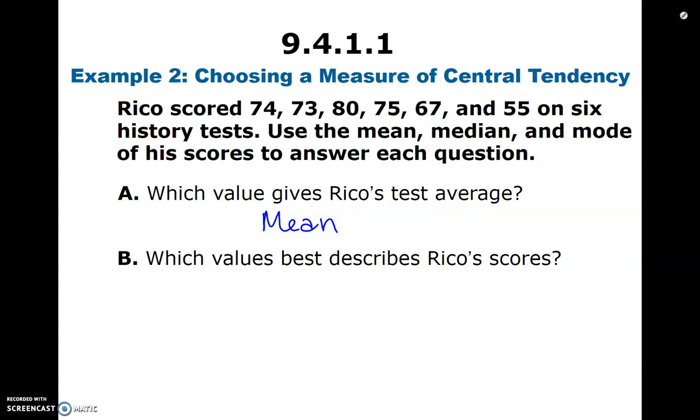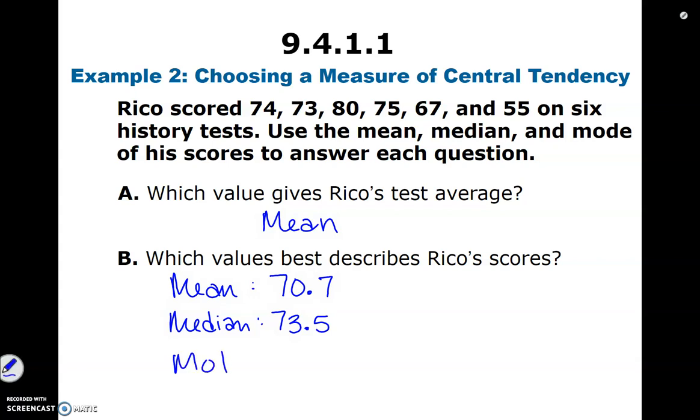So instead of calculating this all by hand, I'm going to enter all of these values in my calculator, and I'm going to calculate the mean to be, my calculator at least tells me it's about 70.7. And my calculator also tells me that the median is 73.5. And it says which value best describes Rico's score. By the way, there is no mode. None of the values repeat themselves, so there is no mode.